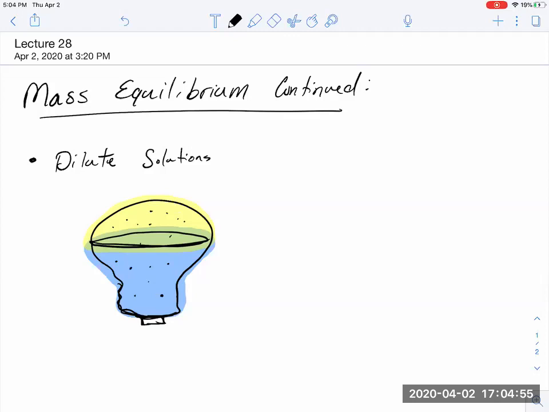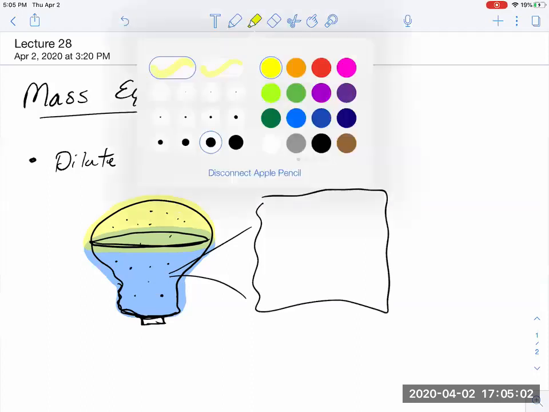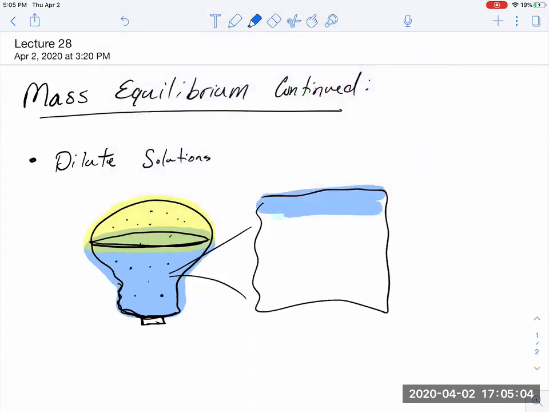Now, when the solutions are dilute, if we were going to blow this solution up, so we now have some more microscopic perspective on the solution, we still won't render those solutes with any intrinsic molecular structure. But if we thought about their statistics, if those solutes are dilute, we can imagine that their statistics are the statistics of uncorrelated molecules.